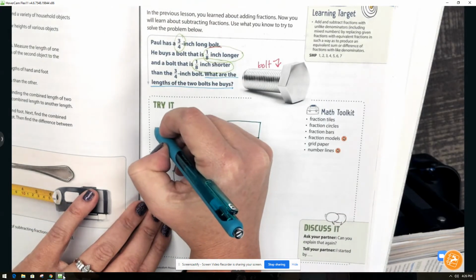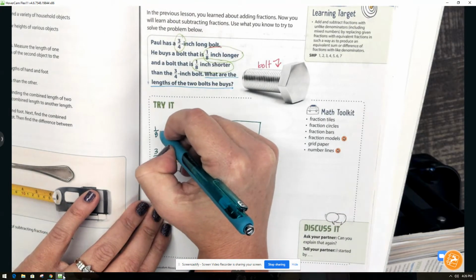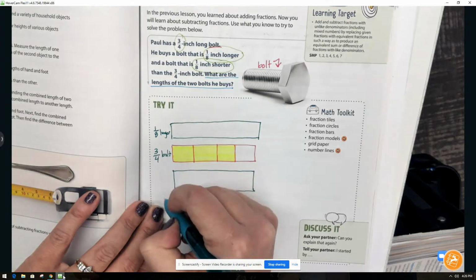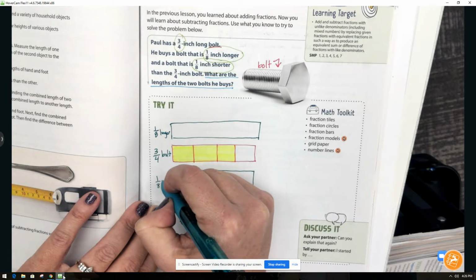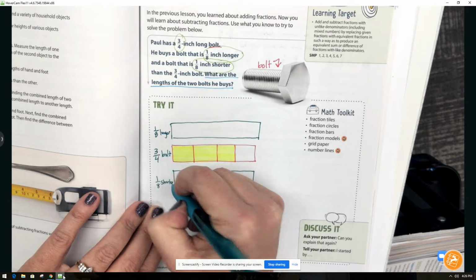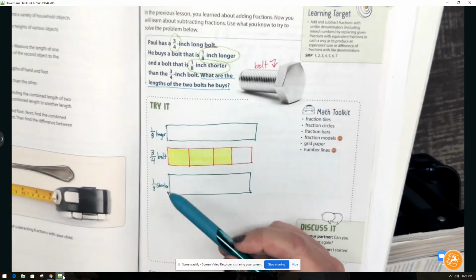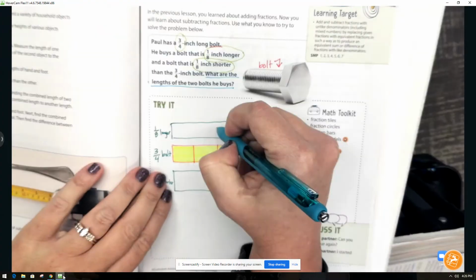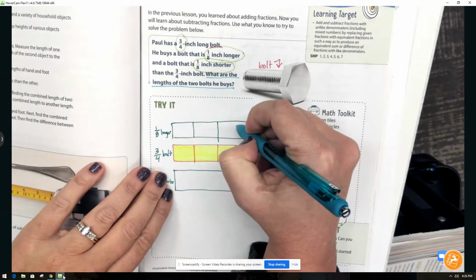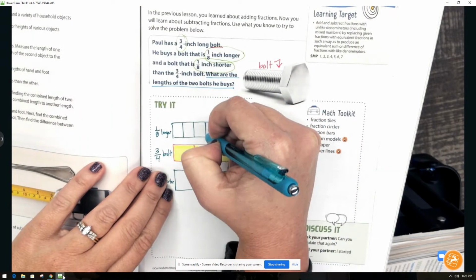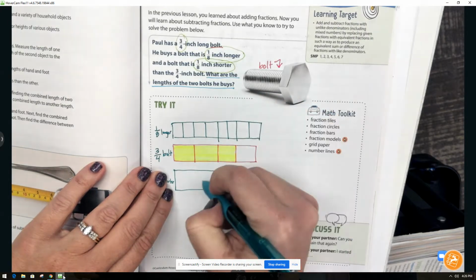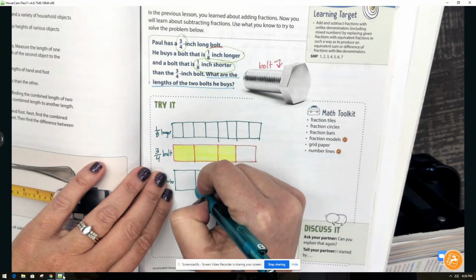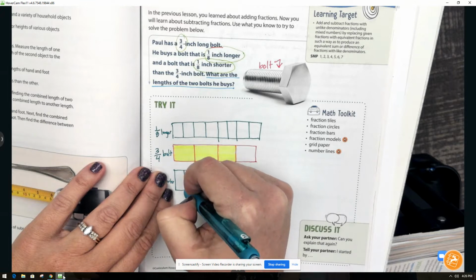So this one is going to be 1/8 longer, and this one is going to be 1/8 shorter. Now, this is going to be broken into eighths because we're going to be looking at eighths. And this one I'm also going to break into eighths because we know that we're dealing with eighths.